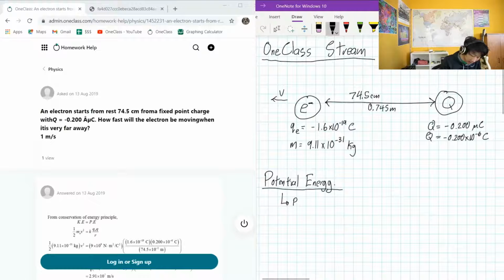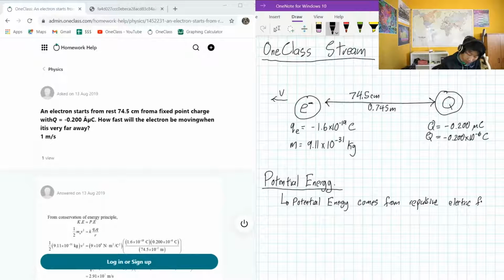Okay, so potential energy comes from the repulsive electric force between the two charges.